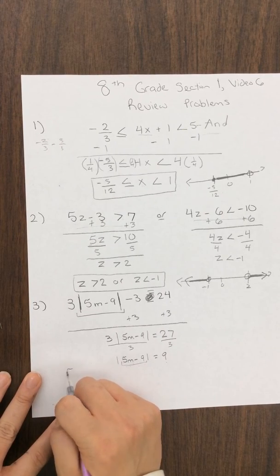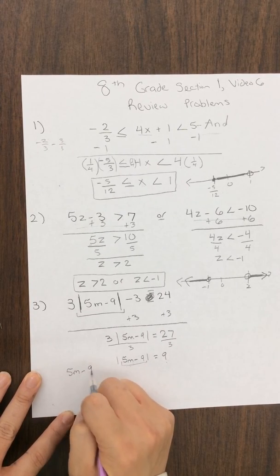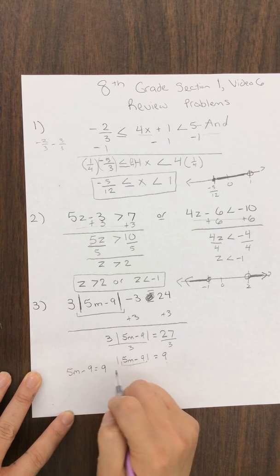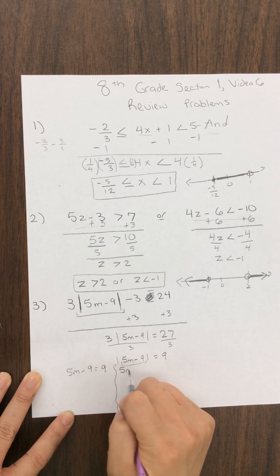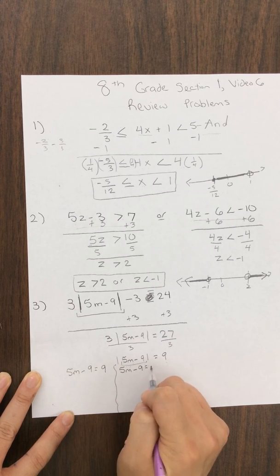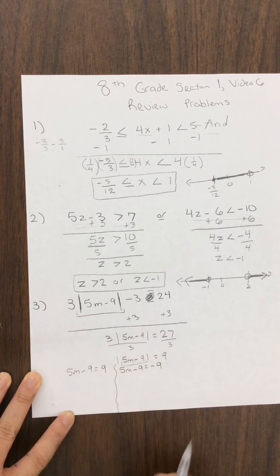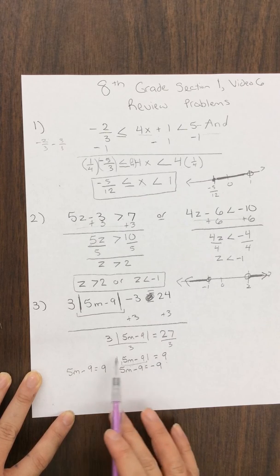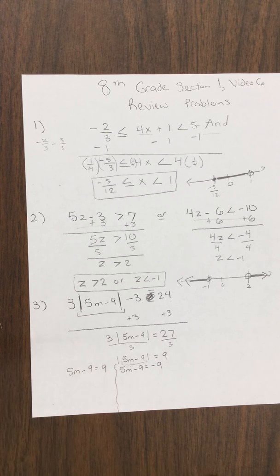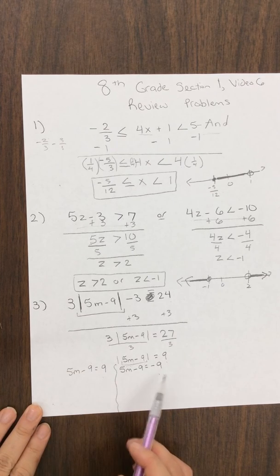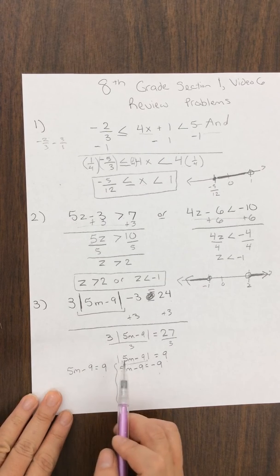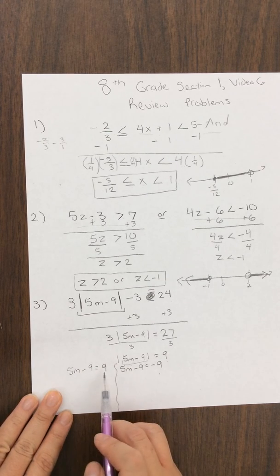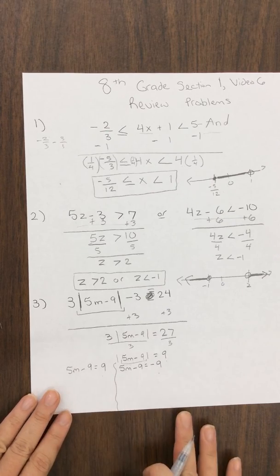On one hand, I have 5m minus 9 is equal to 9. That's one equation. My other equation is 5m minus 9 is equal to negative 9. Again, because I have the absolute value bracket, that means I have two possibilities, because both 9 and negative 9 are 9 units away from 0. So I have to set this expression equal to both 9 and negative 9.